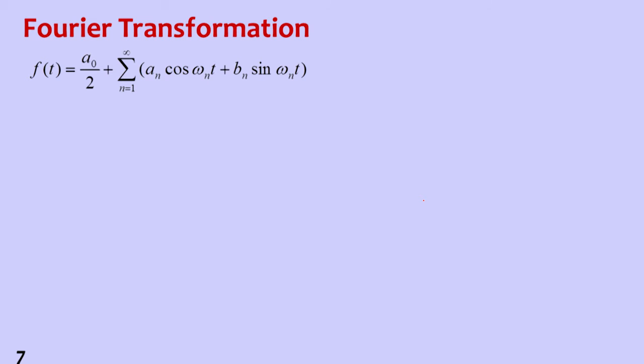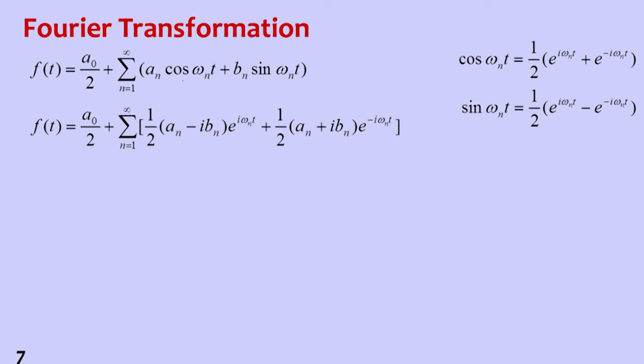So like A0 by 2, a signal which is represented in the form of a series of sines and cosines, a summation of sines and cosines. This cos omega nt, sin omega nt can be represented in the form of exponential functions. Now if you substitute cos and sine in the form of exponential functions and rewrite it, we get Cn, which is a coefficient term, and Cn conjugate, which is the coefficient term on the conjugate side.